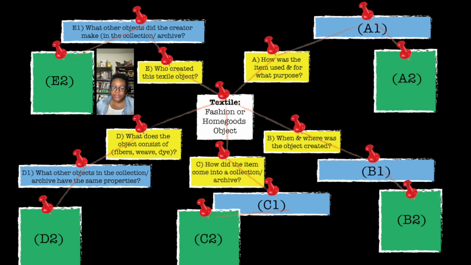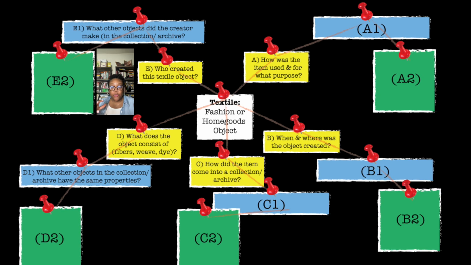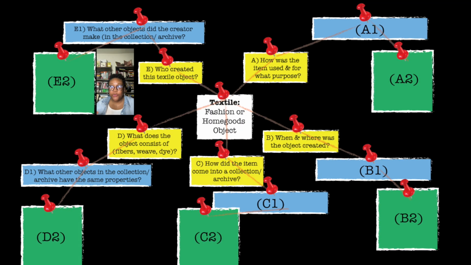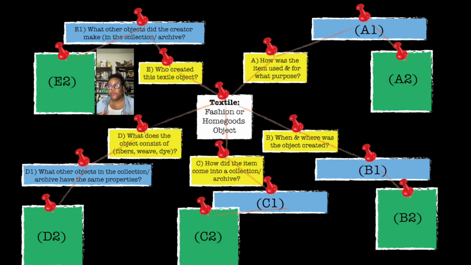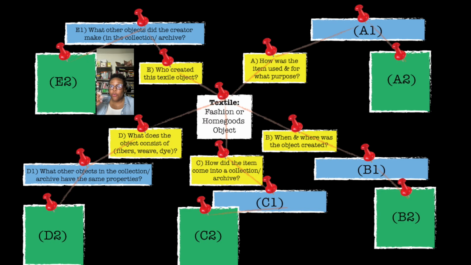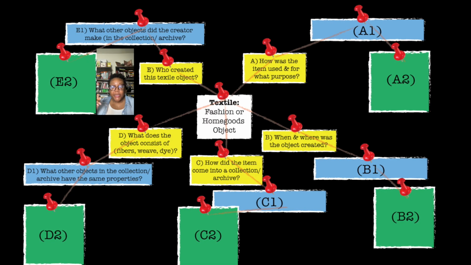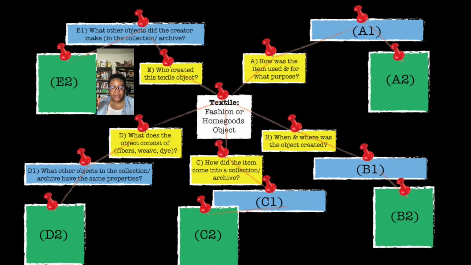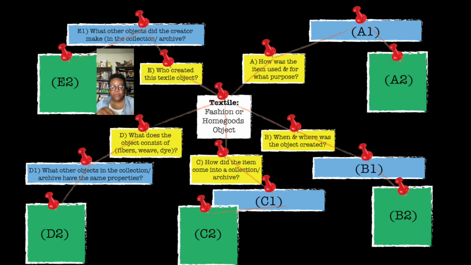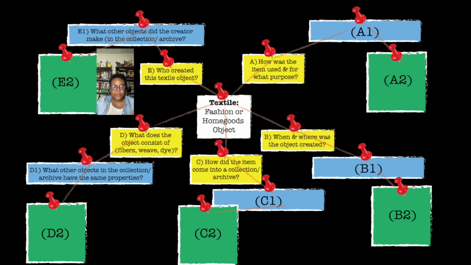As you continue your research and begin to grow, looking at other objects within the archive that your textile object is related to, as well as secondary sources through publications, newspapers, magazines, other letters and journals, or other archives, you'll begin to see that your constellation lines may zigzag all across your board, and maybe not always come directly from the center, but will begin to take you from additional objects to create a path.